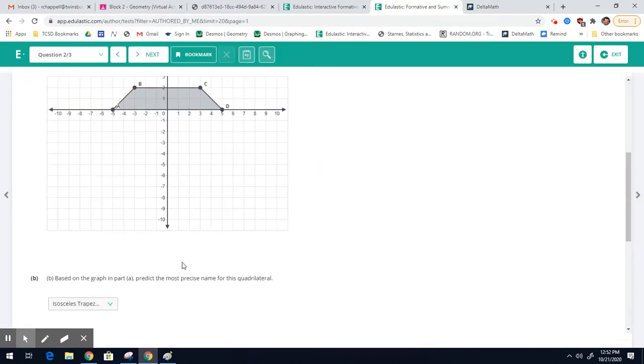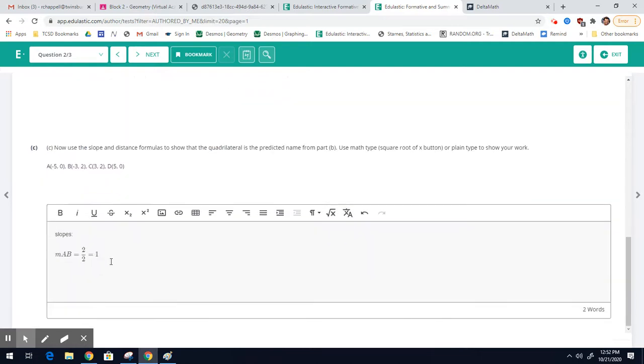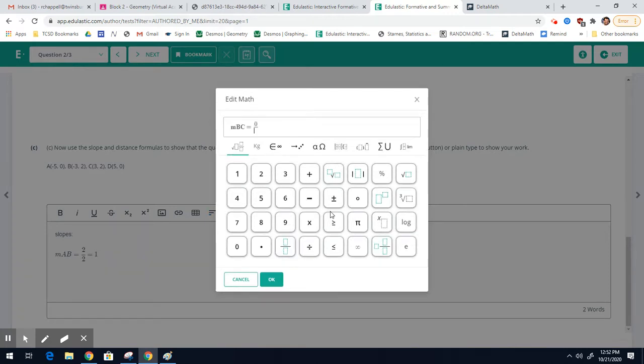Okay. Now, BC is kind of interesting because to get from B to C, you do not rise. So your rise is 0, and you run 1, 2, 3, 4, 5, 6. If my rise is 0, that means the top number in my slope is going to be 0. So the slope of BC equals 0 divided by 6.